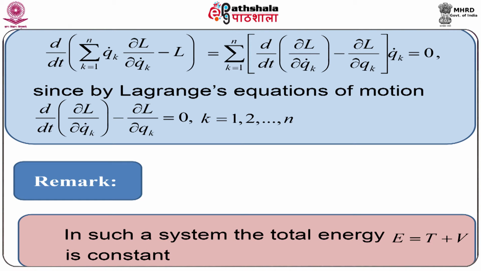Thus, in such a system, the total energy, which can be written as E equal to the sum of kinetic energy and potential energy, is constant. Since this is 0, one can conclude that summation over k qk dot del L del qk dot minus L equal to constant.